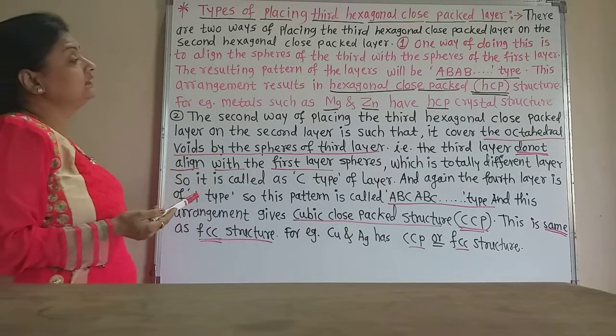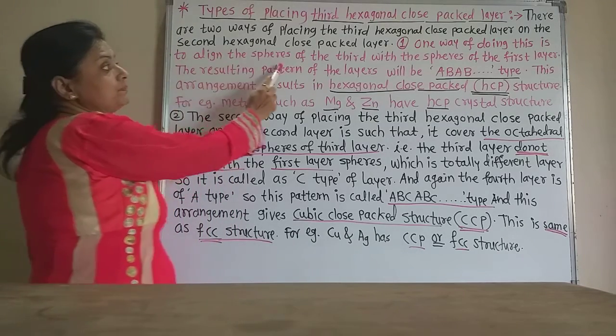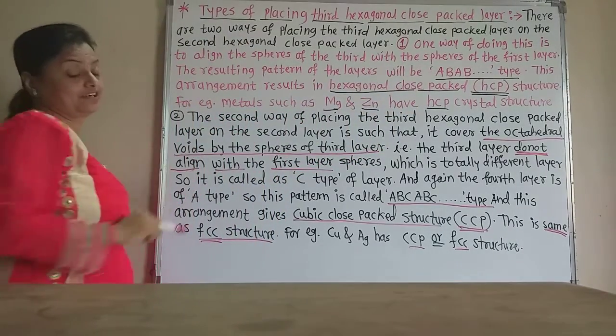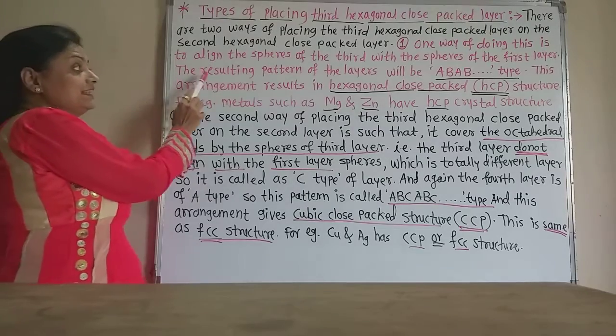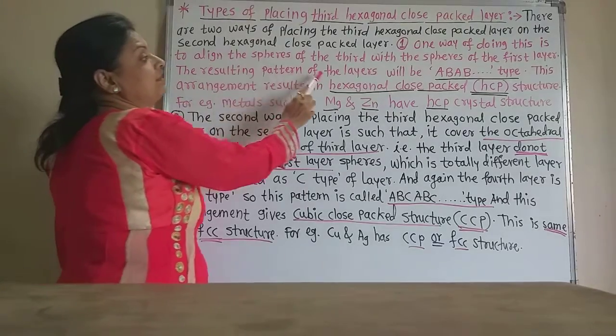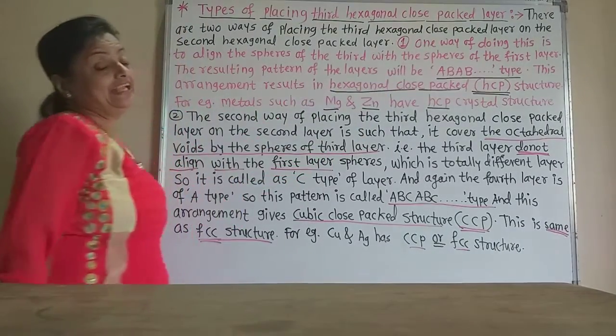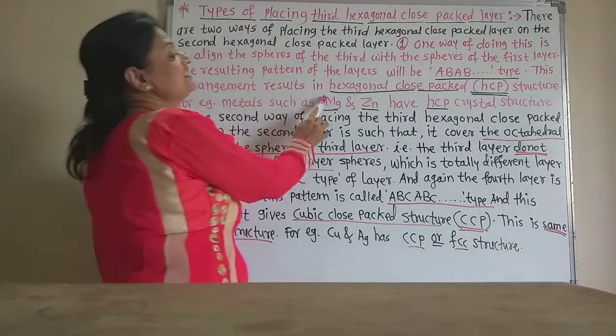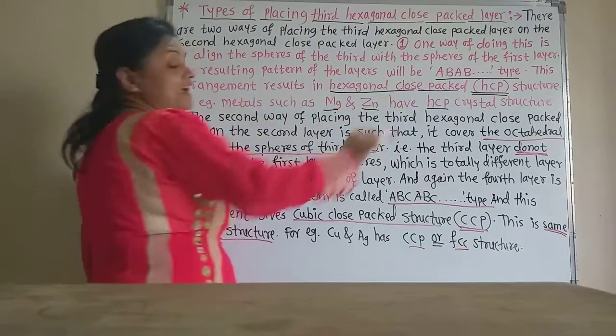So, on doing this, aligning the spheres of the third layer with the spheres of the first layer, the resulting pattern of the layers will be AB type. And this arrangement results in the hexagonal close pack.